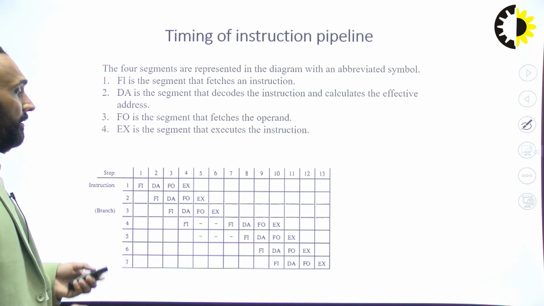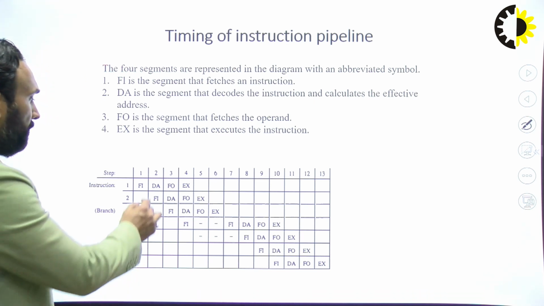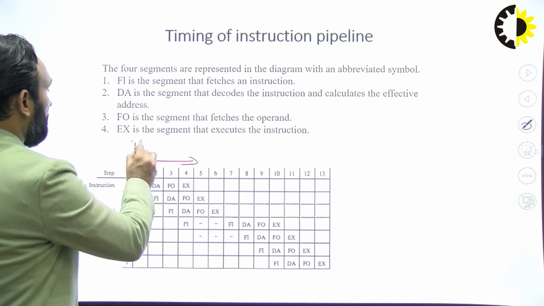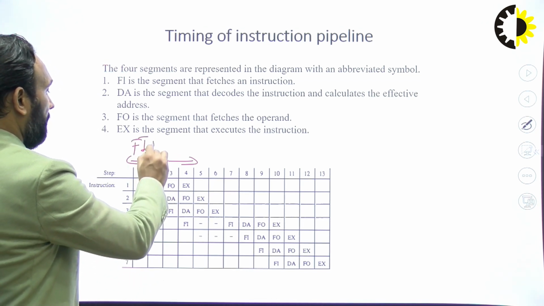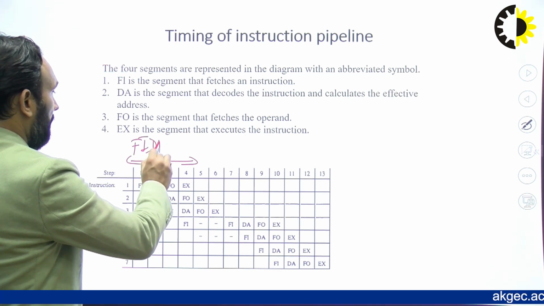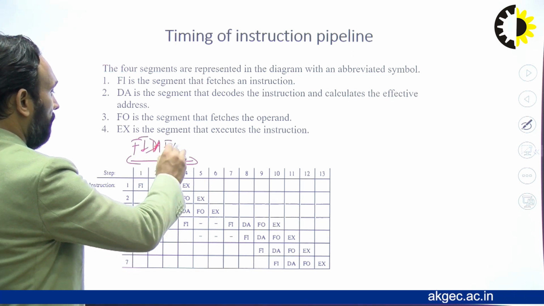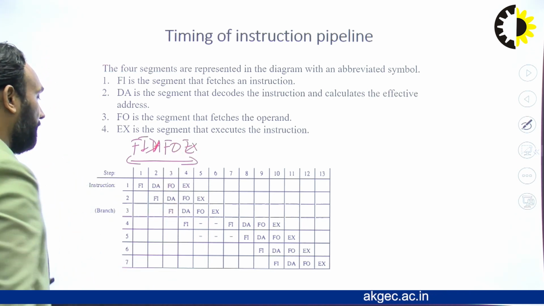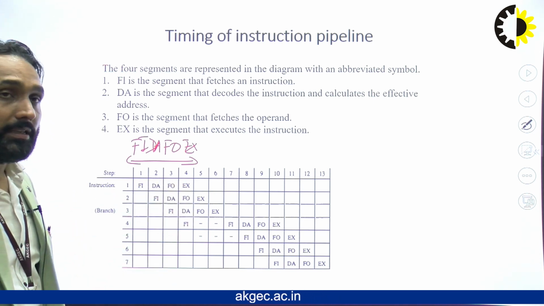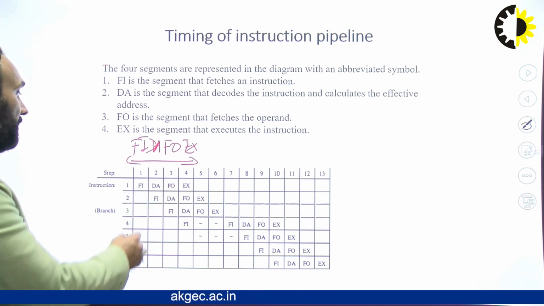We take the broad parts of an instruction that are required: fetch instruction, decode, address, fetch operand and execute instruction. These are the time required to execute these instructions.